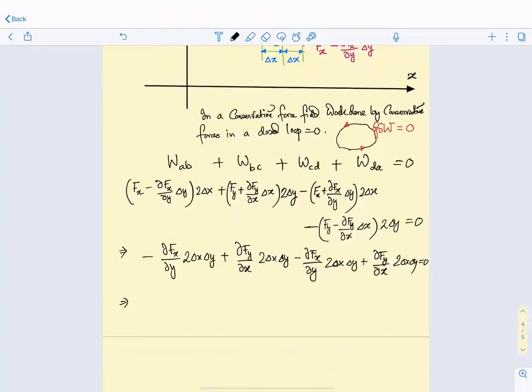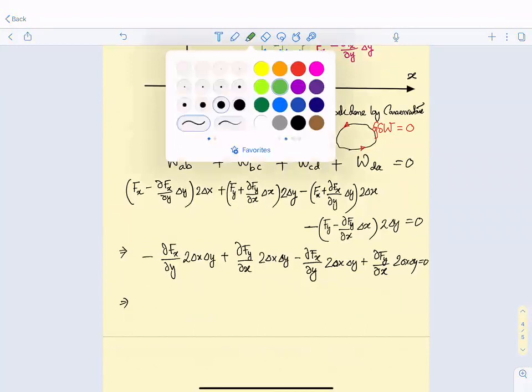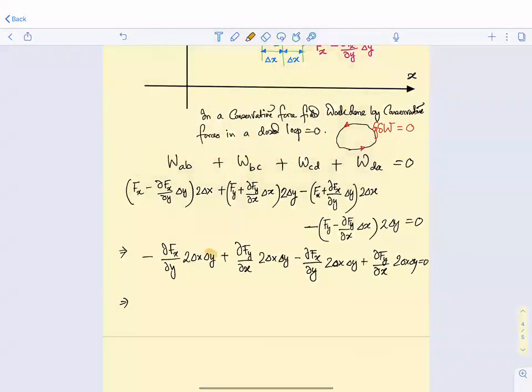So therefore we get that. This 2 delta x delta y will get cancelled.